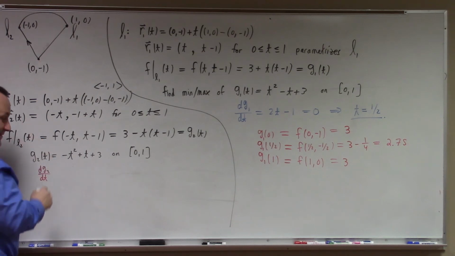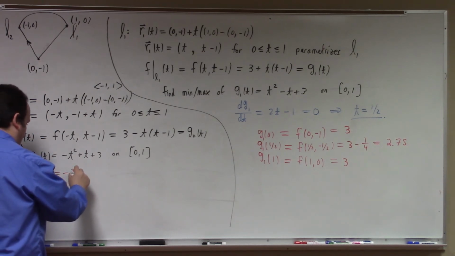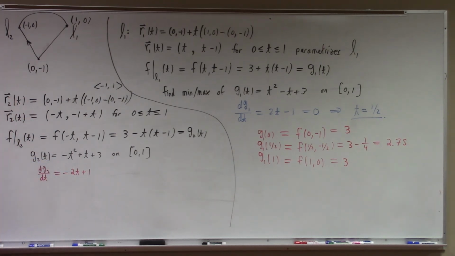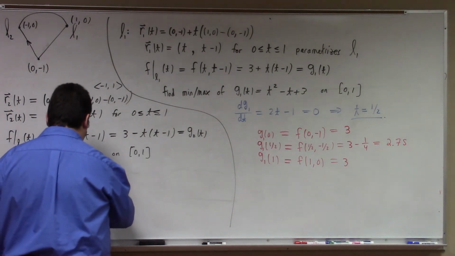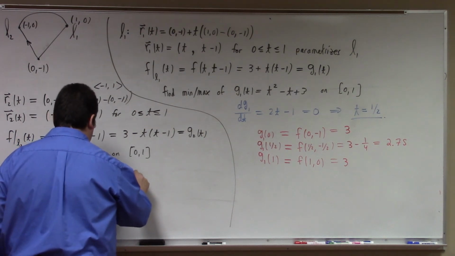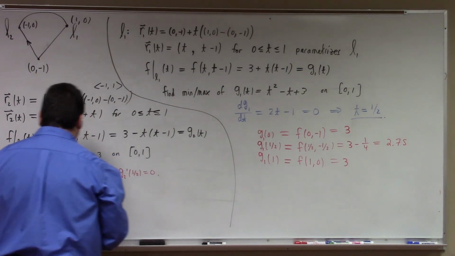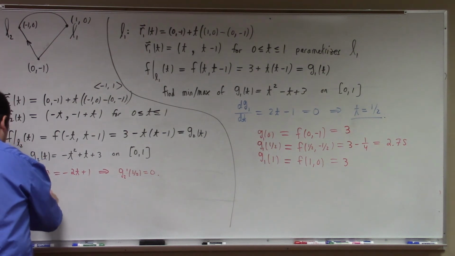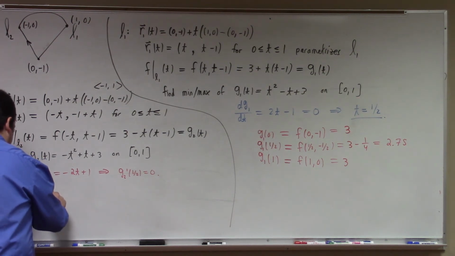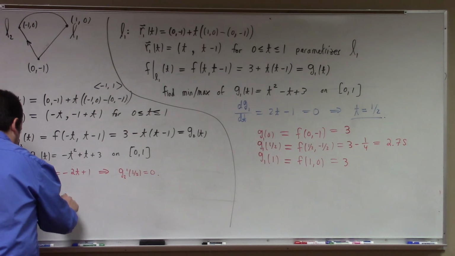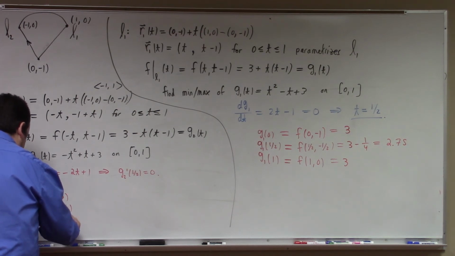G2 prime is minus 2t plus 1. Yet again, t equals 1/2 ends up giving us a critical point. G2 prime of 1/2 equals 0. So we consider G2 of 0, G2 of 1/2, and G2 of 1.